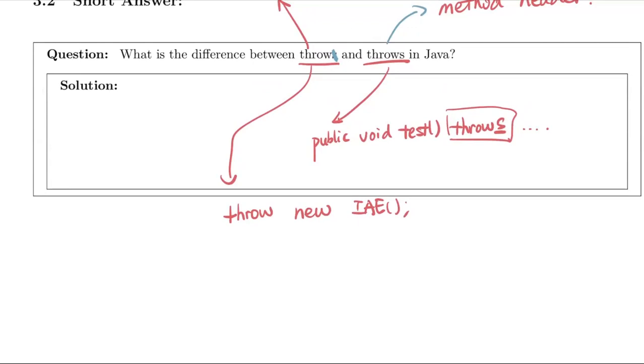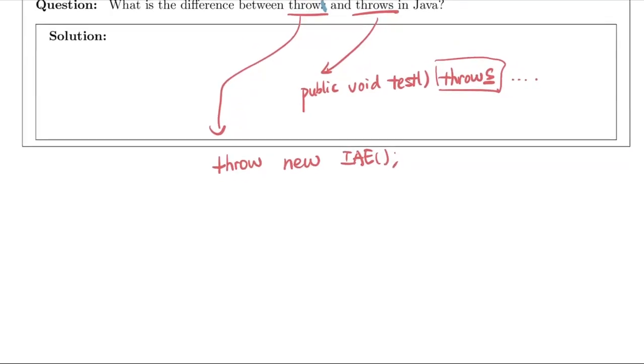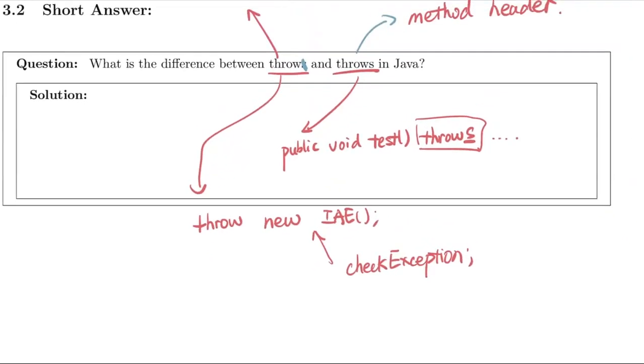So throw and throws are both for exceptions. It does not care whether the exception is checked or unchecked, because you could throw a new checked exception here. Those two keywords just serve different purposes in Java.